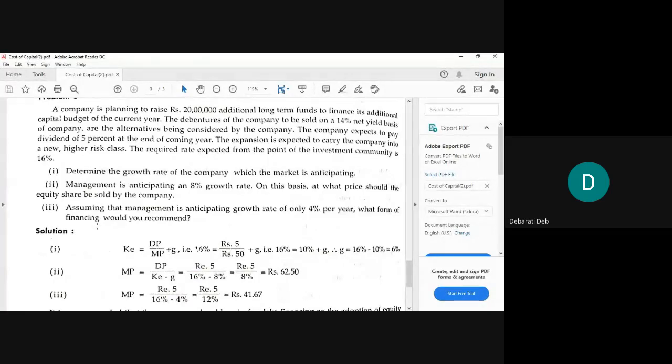Growth rate we have to calculate. Dividend per share, how has it been calculated?